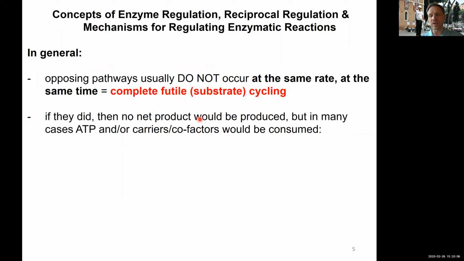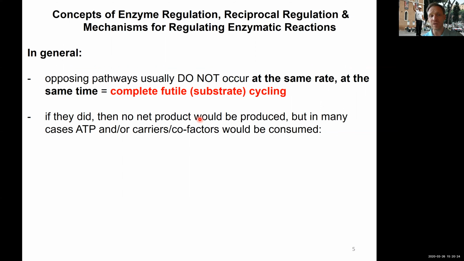In general, and there are exceptions, opposing pathways such as glycolysis and GNG do not occur at the same rate at the same time. That's what we call complete futile or complete substrate cycling.